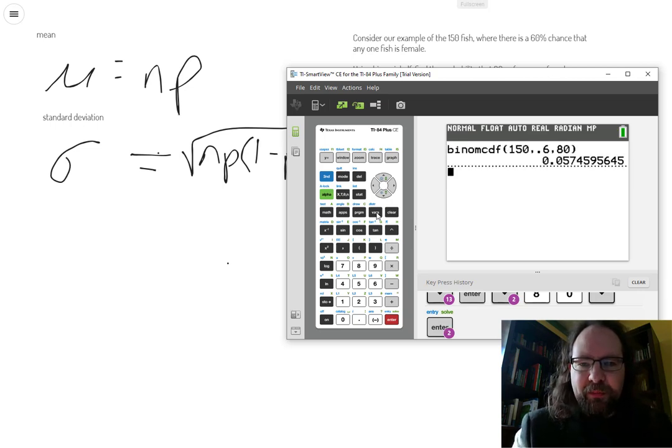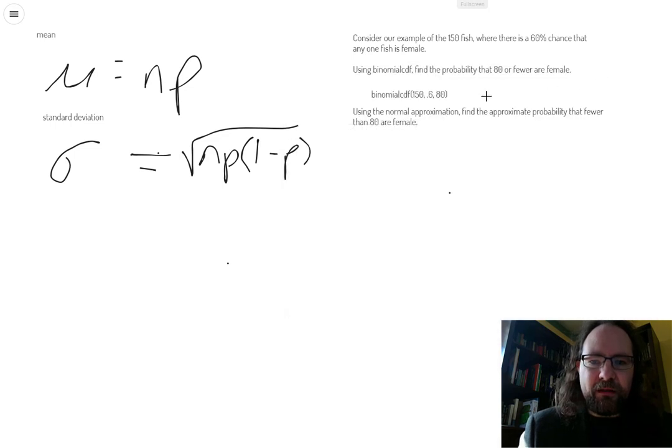And it tells me that the probability that this would occur, according to binomial CDF, is about 0.057, or a little less than 6%. So about 0.057.